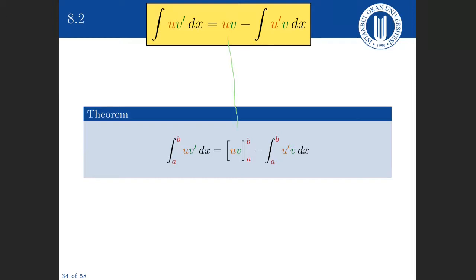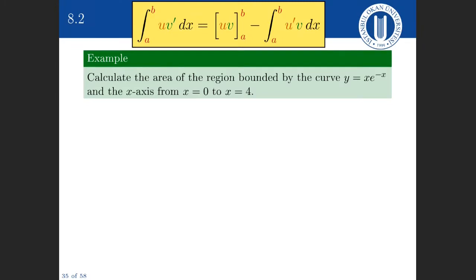Instead of the first term just being u and v, we need it to be square brackets uv, calculated at a and b. And then the second integral, of course, is just the integral from a to b. I put this new formula at the top.